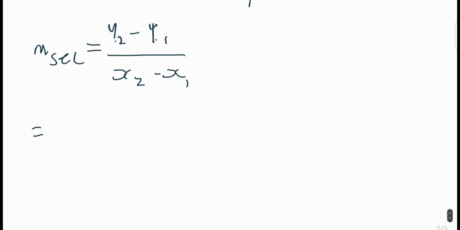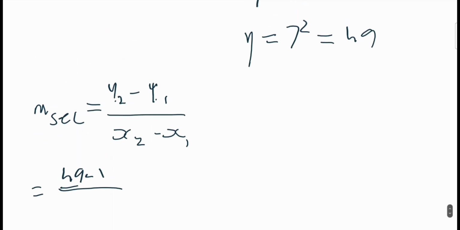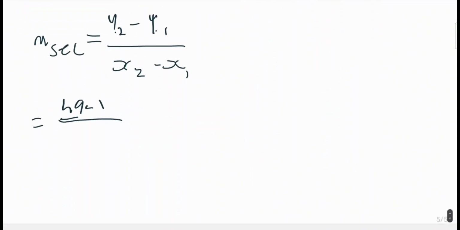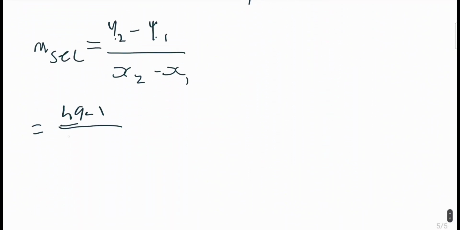So this is going to equal 49 minus 1 over 7 minus 1. Okay, so this is going to equal 48 over 6, which is going to equal 8.